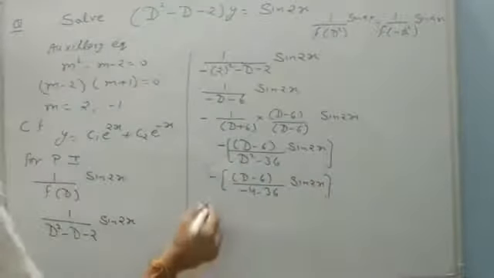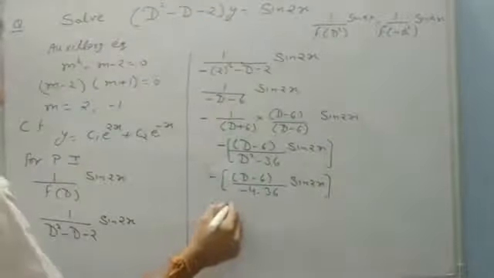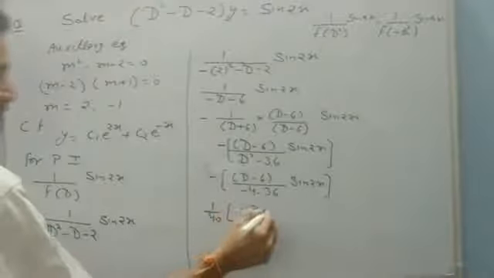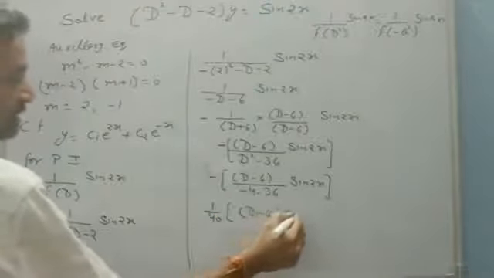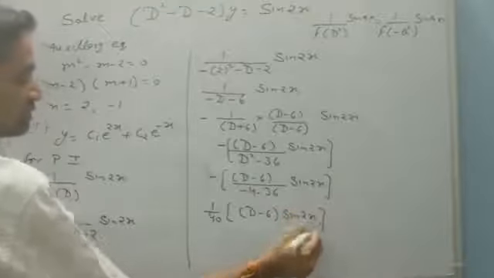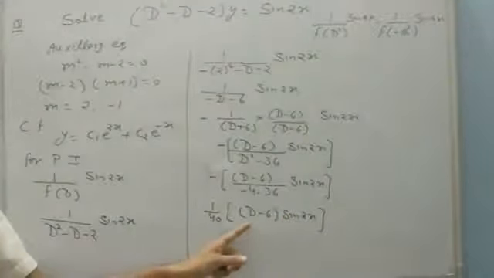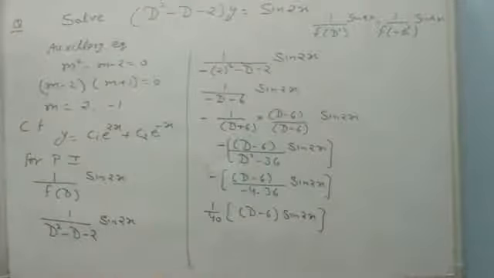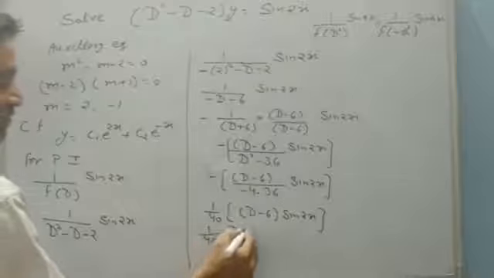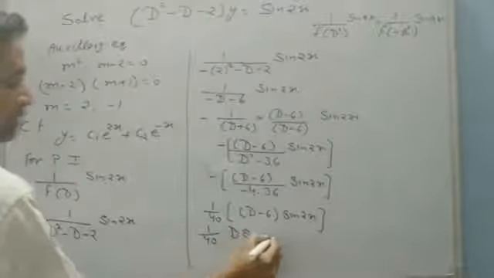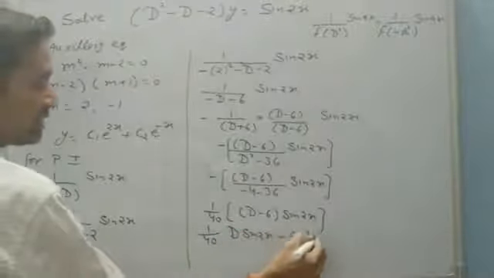It will become 1 upon 40 (D minus 6 sine 2h). Now d for derivative, d by dh. So when we multiply this, I will get 1 upon 40 derivative of sine 2h minus 6 sine 2h.